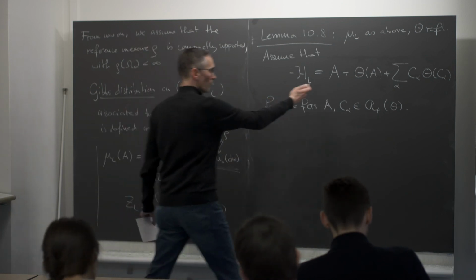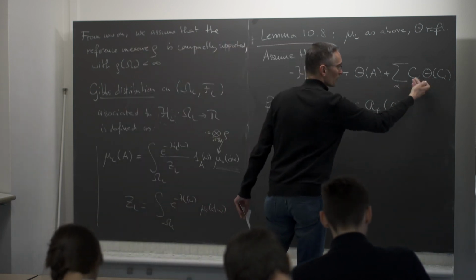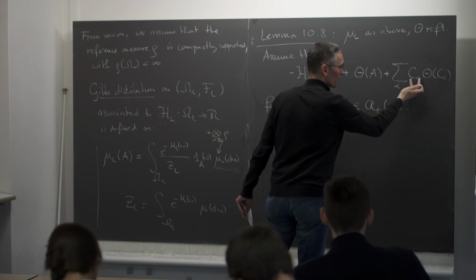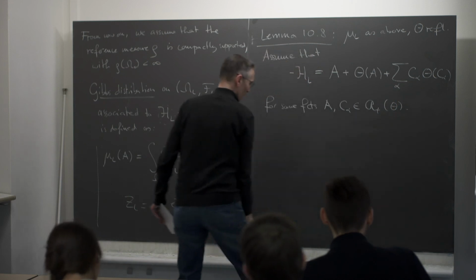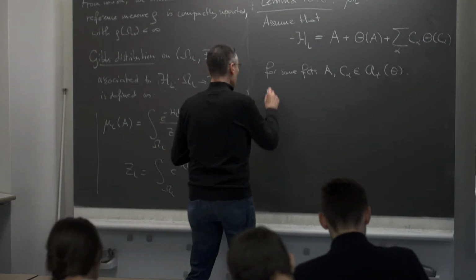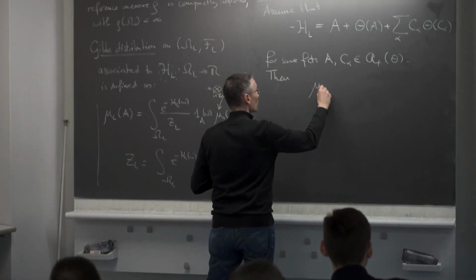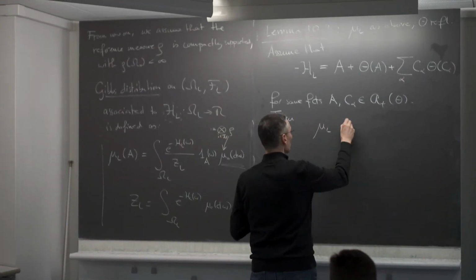That's the structure I want: a function, its reflection, and then a sum of terms which involve a function on T plus and its reflection on T minus. And then the measure mu L is reflection positive with respect to theta.